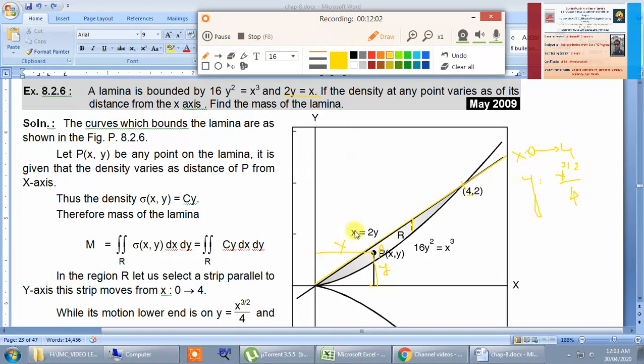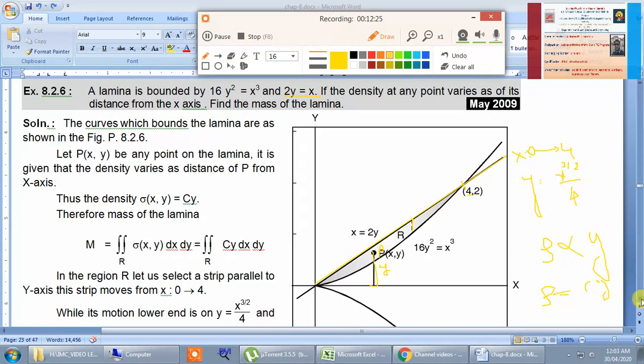We are dealing with the point's distance from x-axis, and that is equal to y. Therefore your density depends on y. So rho is proportional to y, and as rho is proportional to y, rho is equal to c y.